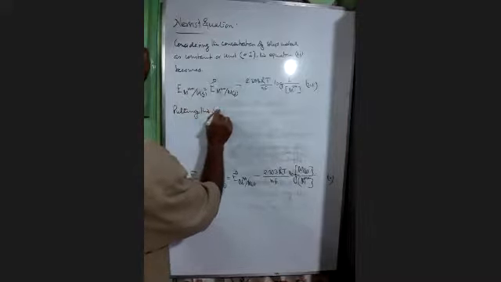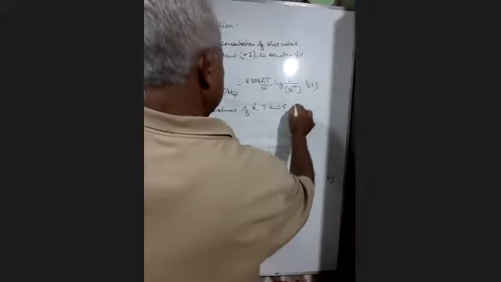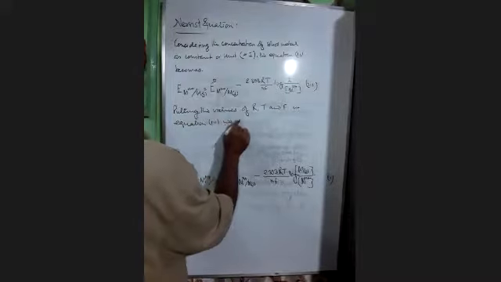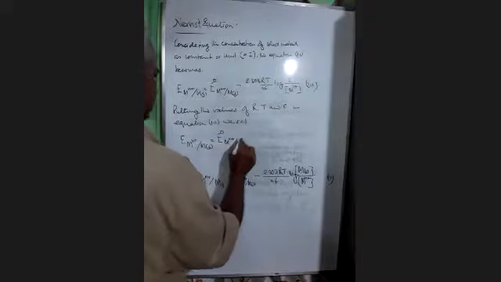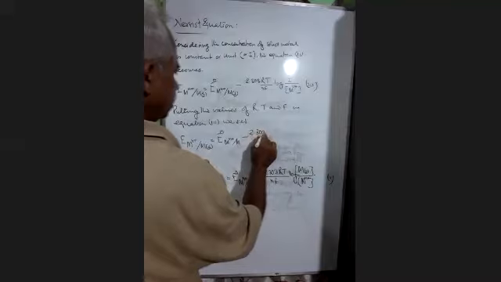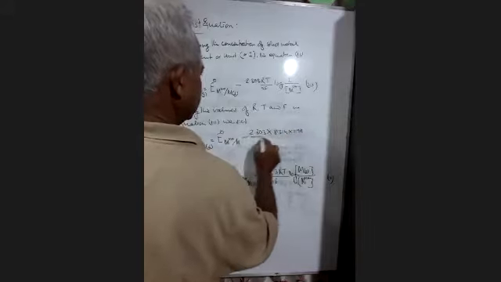Putting the values of R, T, and F in equation 3, we get E of Mn plus by M is equal to E0 of Mn plus by M minus 2.303 into 8.314 into 298, and we do not know n. It may be 1, 2, 3.